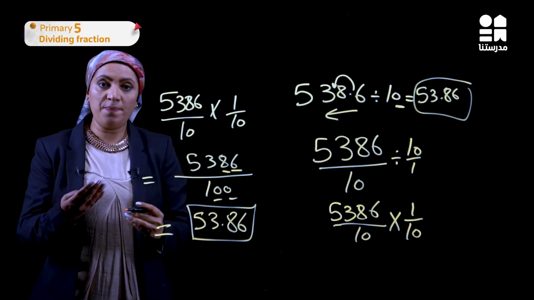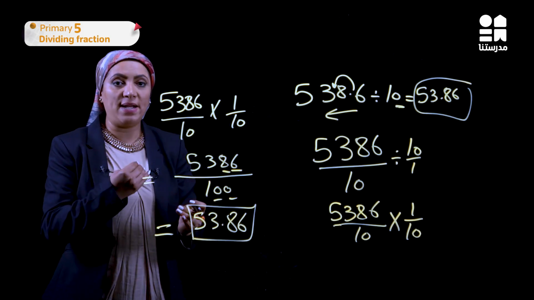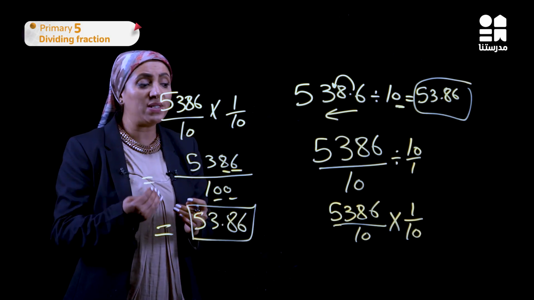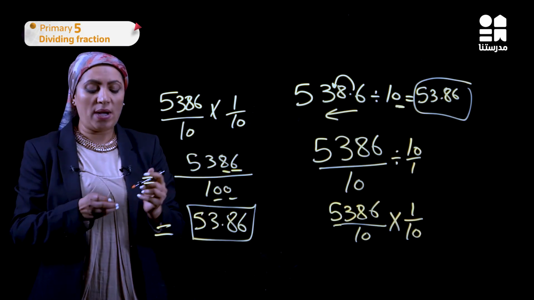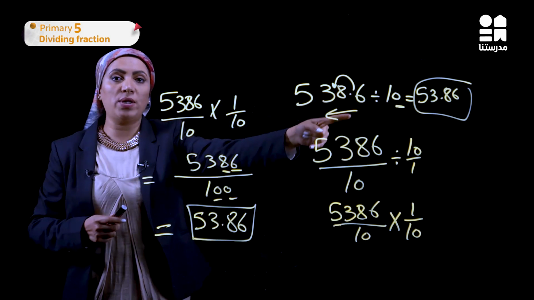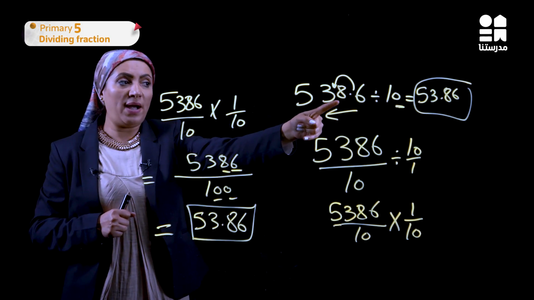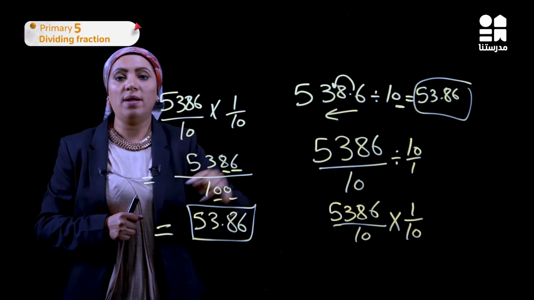So every time we answer such a question, whether it is divided by 10 or 100 or 1,000, I don't have to go through all of these steps. That's why I just tell you to move the decimal point according to the number of zeros I have there. But this is where it all came from.